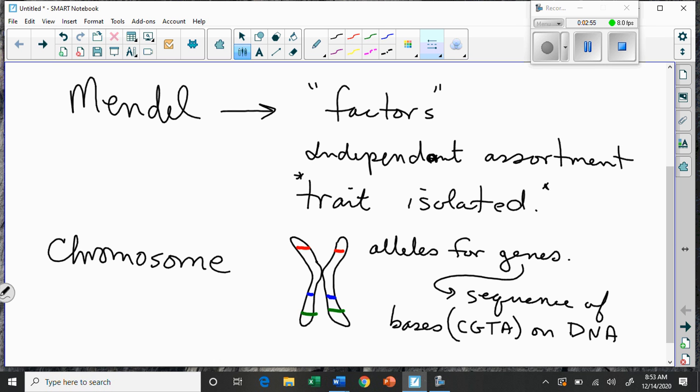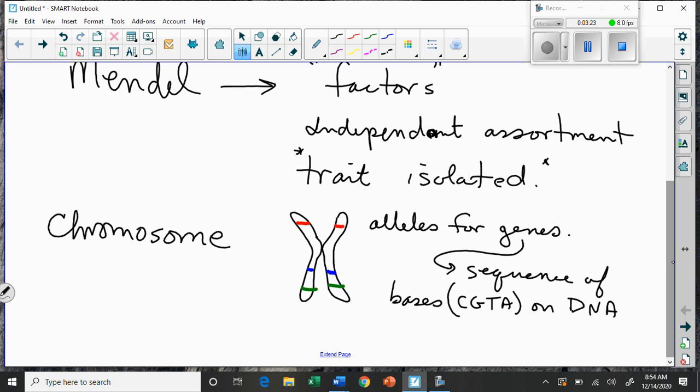But you'll notice that the three different alleles that I've drawn here, the red, the blue, and the green alleles, are on the same chromosome. One chromosome can contain many, many genes. And so the only way that genes can move around is by riding on their chromosomes and being assorted through the process of meiosis. So we can pull apart the homologous chromosomes, but there's no way of breaking apart an actual chromosome.